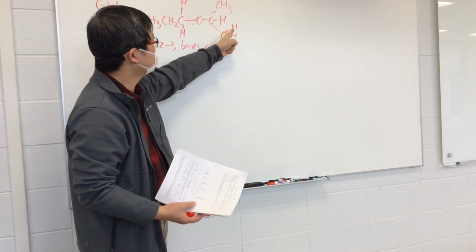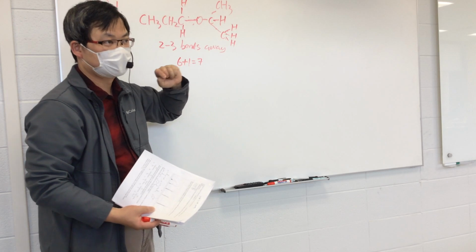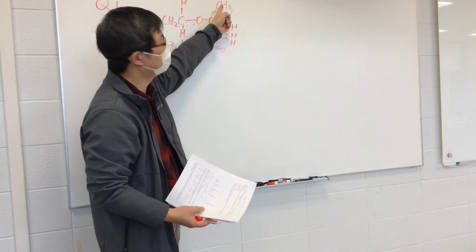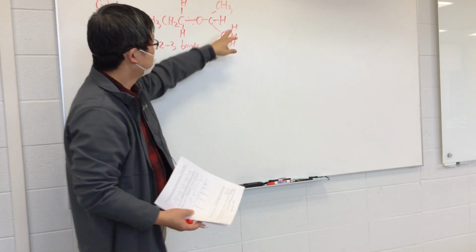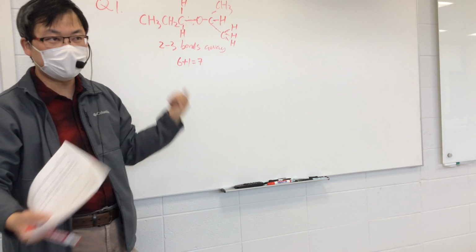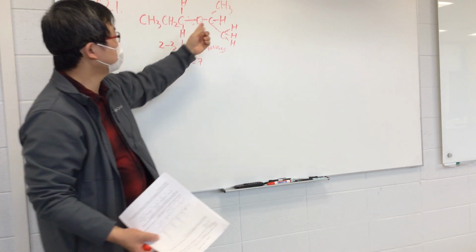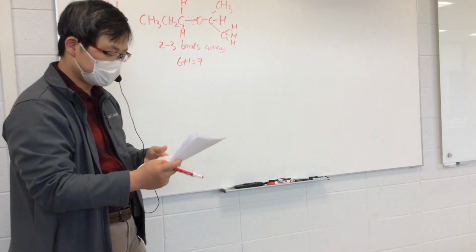So this hydrogen has only 1 closed label, which is here. And even this hydrogen is too far, 1, 2, 3, 4, right? So these 3 hydrogens and these 3 hydrogens, these 6 hydrogens are equivalent, and they only have one closed label. So you get a doublet for these 6 hydrogens.